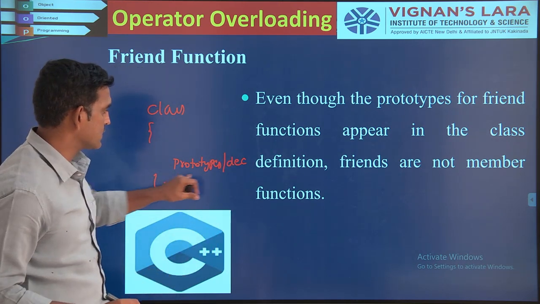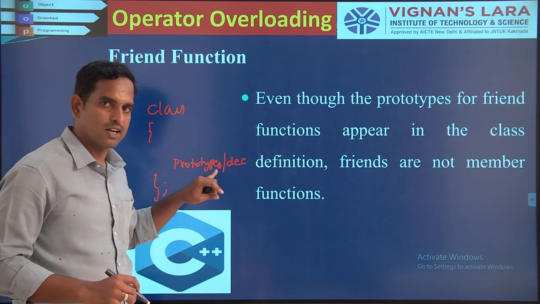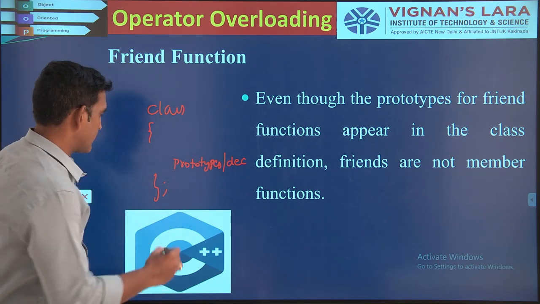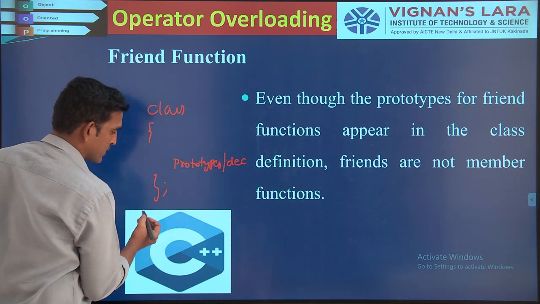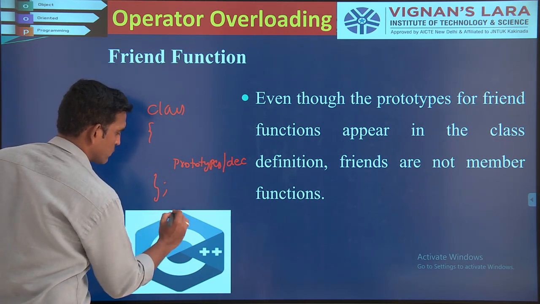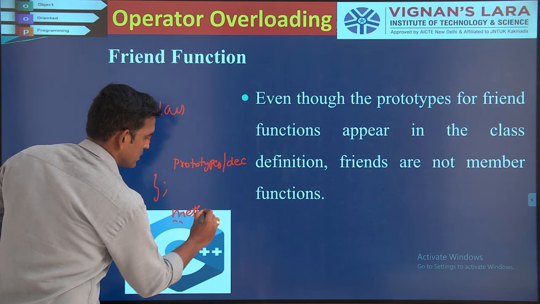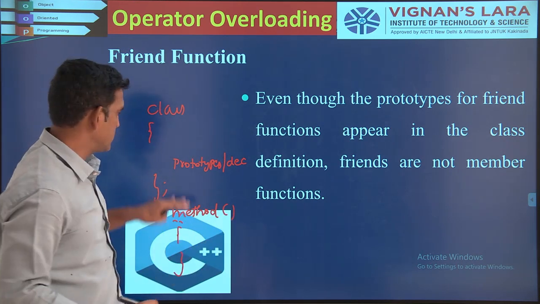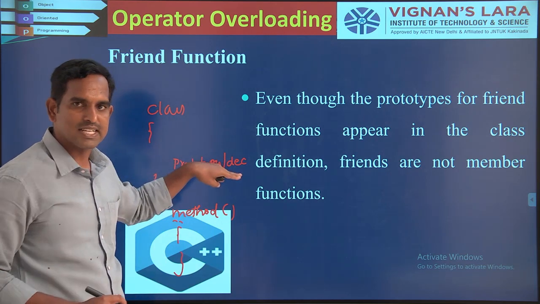You will write the prototype or declaration of your friend function inside the class, and you will define it outside the class. You will define the method outside the class, but initially you write the prototype inside the class.